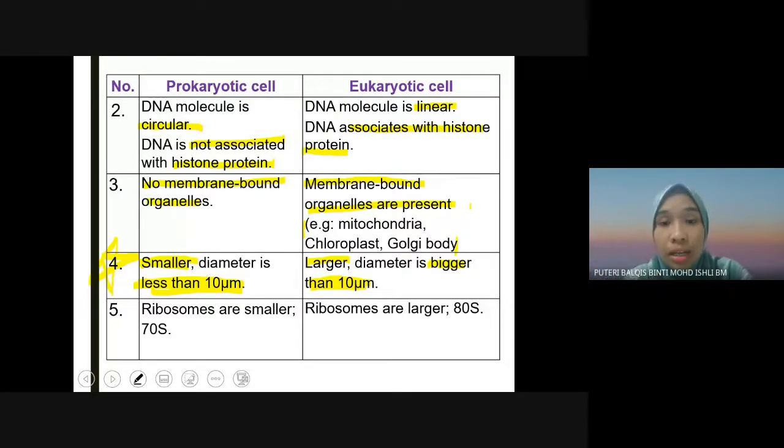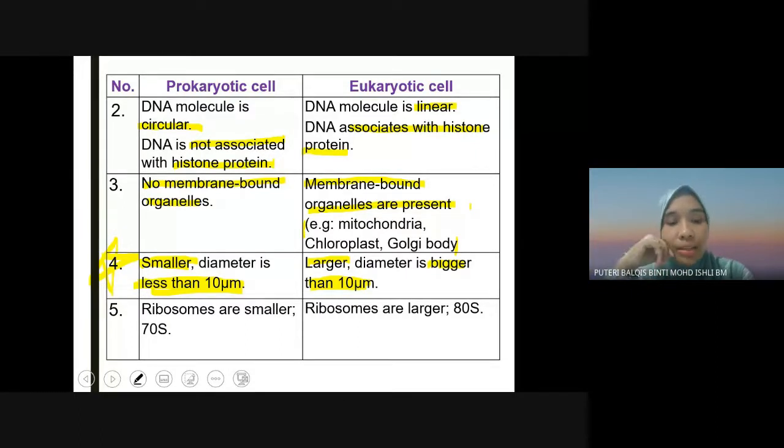Tahun tu dia kena bagi exact size. So my suggestion untuk point number 4 ni, awak letak yang paling bawah, yang tak berapa nak penting sangat. Saya punya suggestion lah. Nak selamat, awak ambil point-point yang penting.